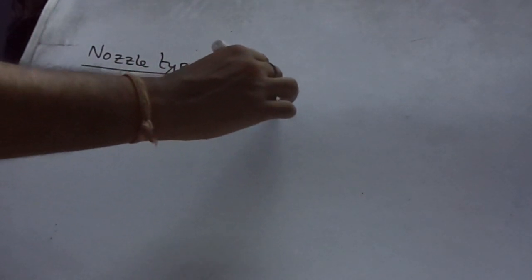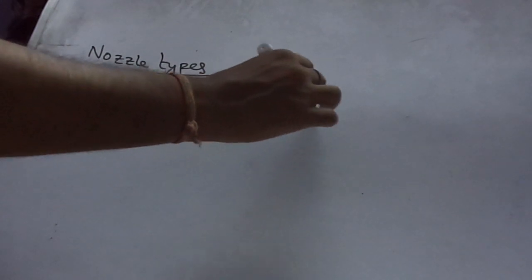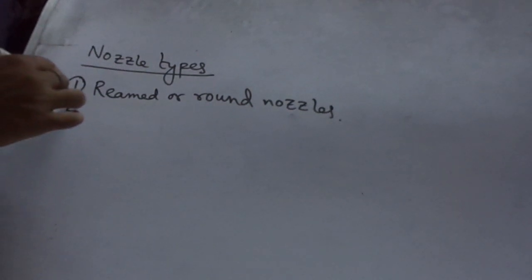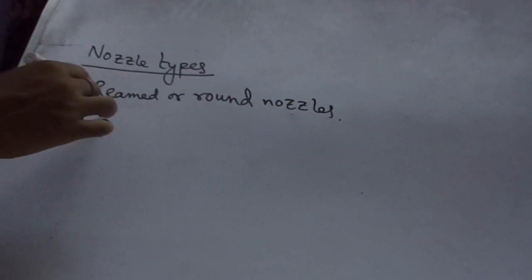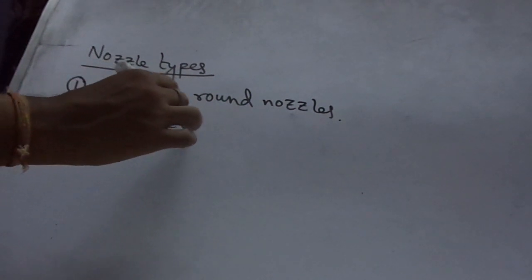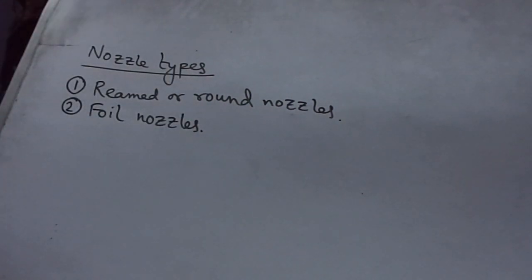Another one is the foil nozzles. Rimmed nozzles are used principally in the high pressure impulse stages of steam turbine.